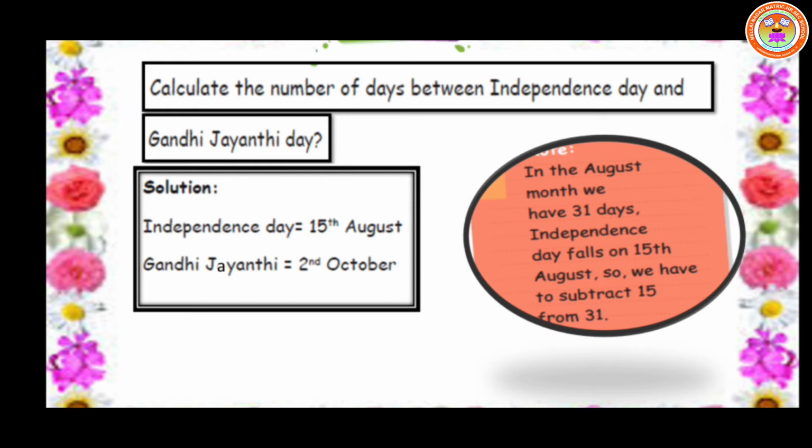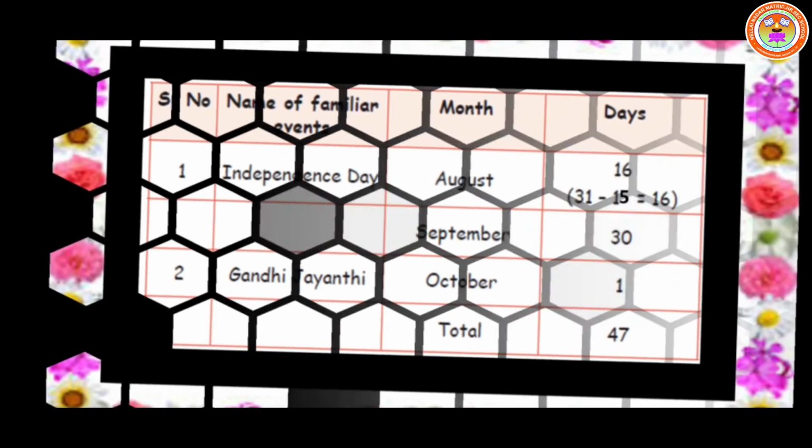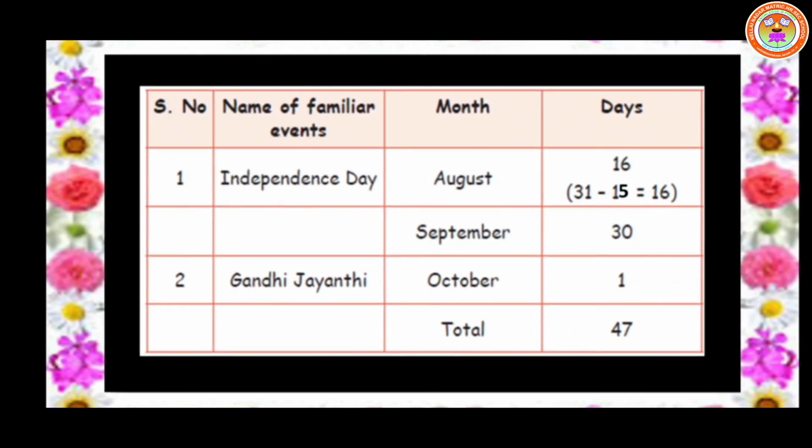So, the Independence Day occurs on 15th August, so we don't want to take the full 31 days of the August month. That's why we are subtracting 31 minus 15. Why that 15? Because on August 15th only we are celebrating Independence Day. So, what is 31 minus 15? 31 minus 15 is equal to 16. So in the August month, we are calculating 16 days.